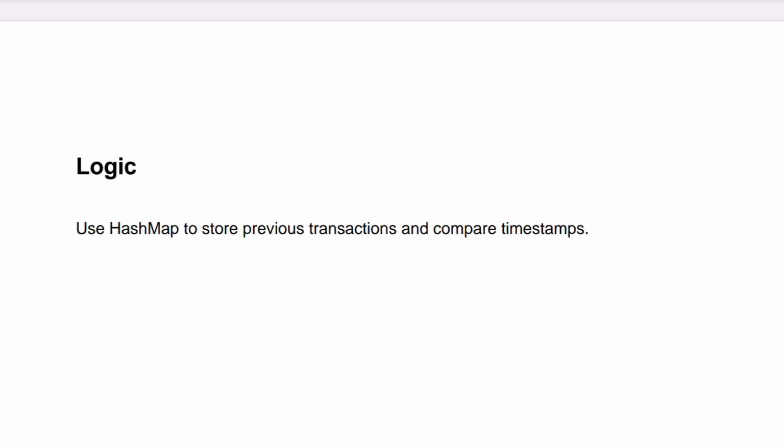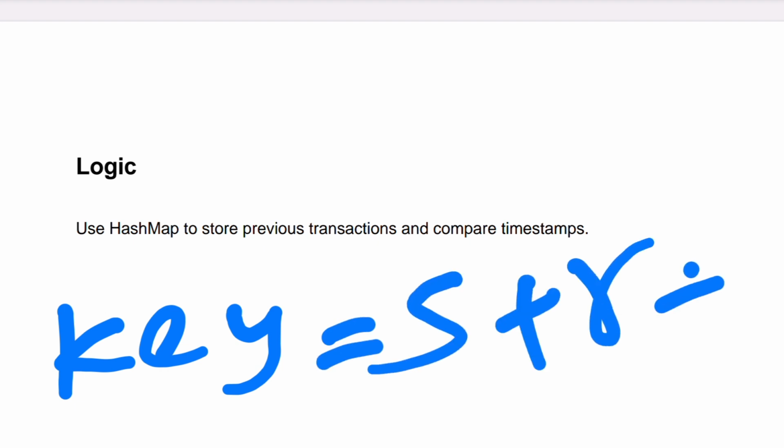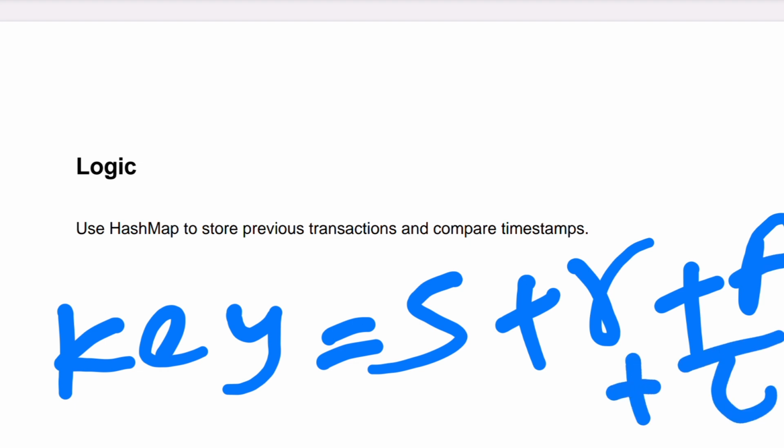Use HashMap to store the previous transaction and compare timestamps. Key equals sender, receiver plus amount plus transaction time T.